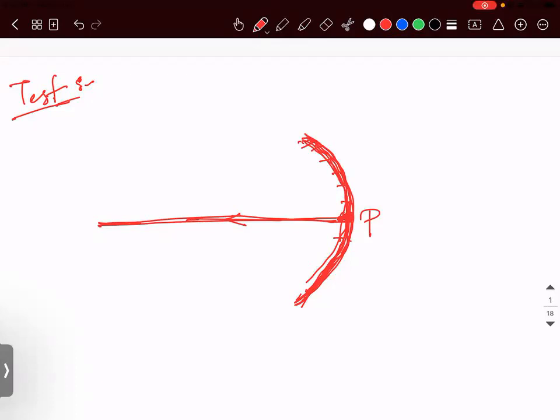Normal to where the ray is touching, right? So here the angle of incidence with respect to normal is 0, right?